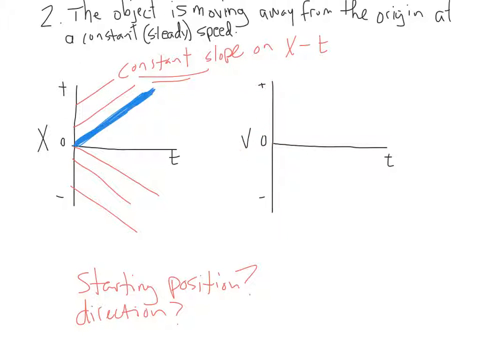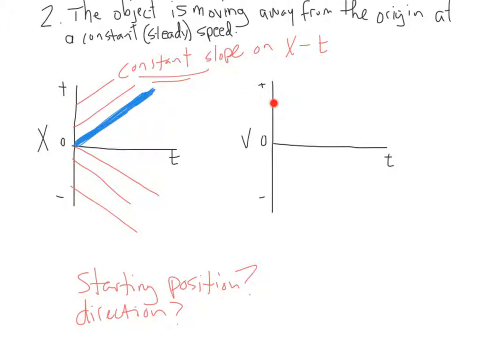Again, it's a velocity-time graph. So these values here, if there were numbers, would be positive velocities. These would be negative velocities. And because my slope over here on the position-time graph is positive, my velocity over here has to be positive, which is anywhere up here. This is the positive area.